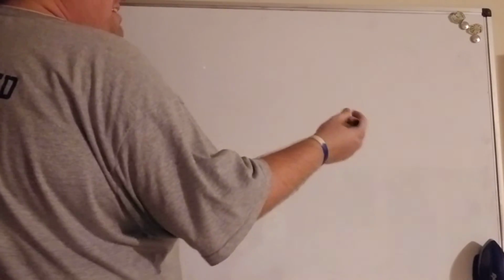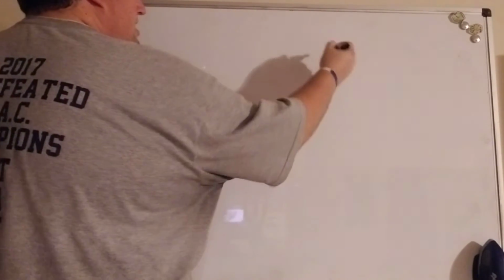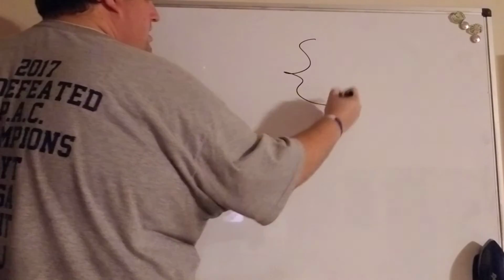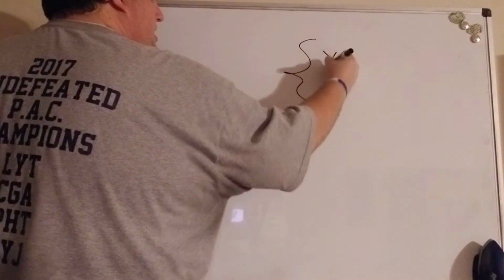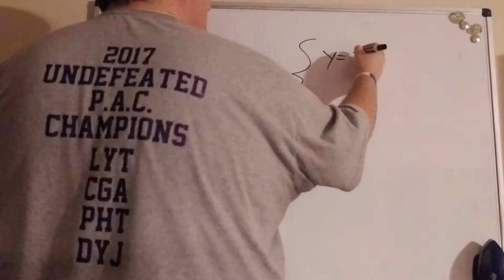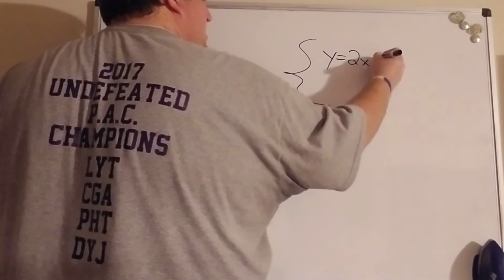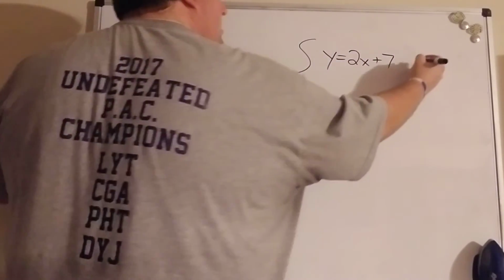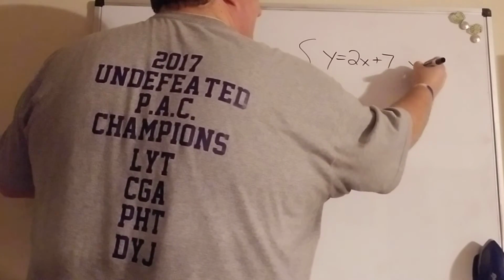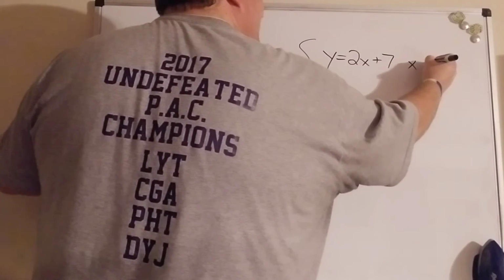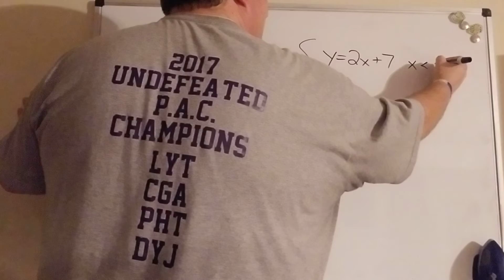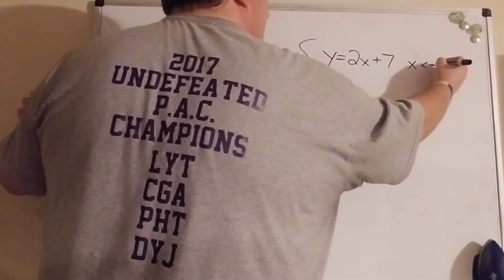All right, so let's say we had y equals 2x plus 7, and I would like that when x is less than -3.